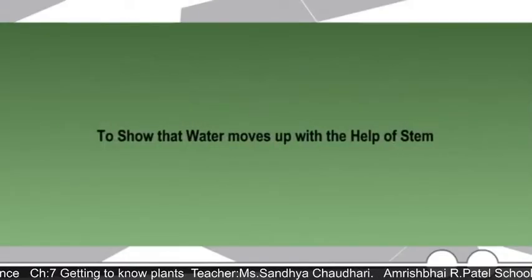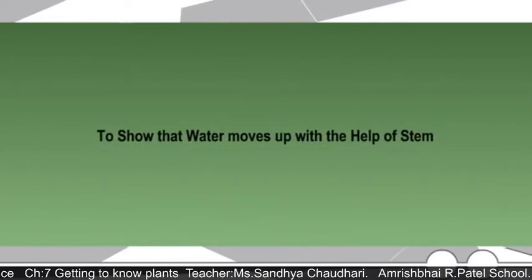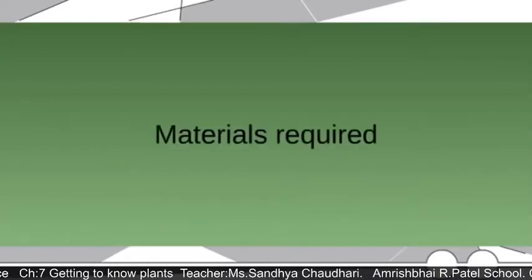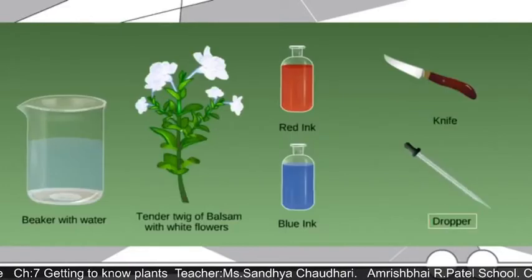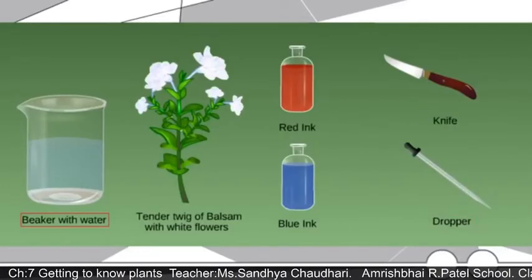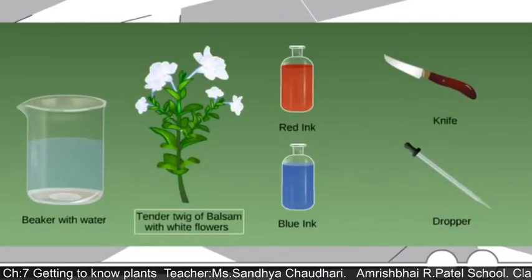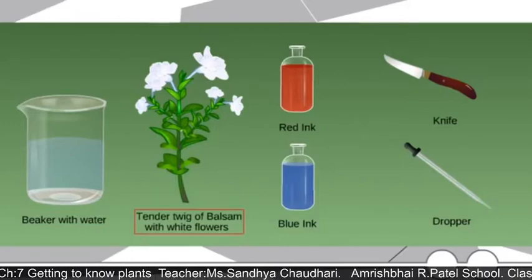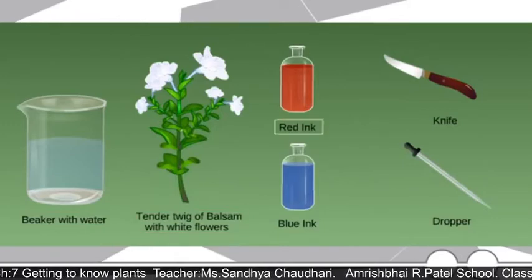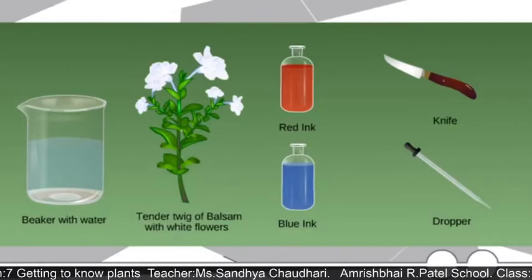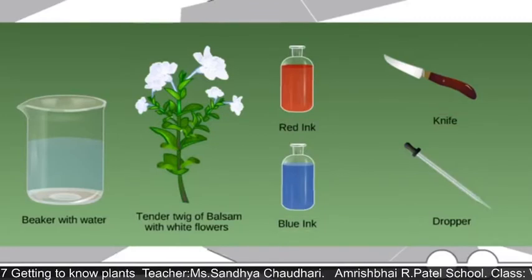Now we shall watch a video, students, for this activity. Materials required: dropper, beaker with water, tender twig of balsam with white flowers, red ink, blue ink, knife.